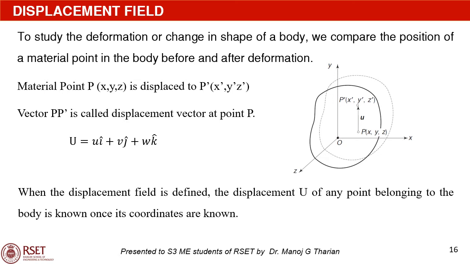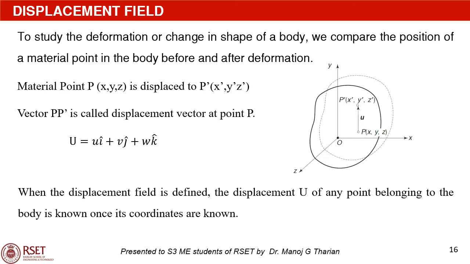Now consider a point P, whose coordinates are x, y, and z on the body before deformation. After the deformation, the point P will take a new position P dash, whose coordinates are given by x dash, y dash, and z dash.